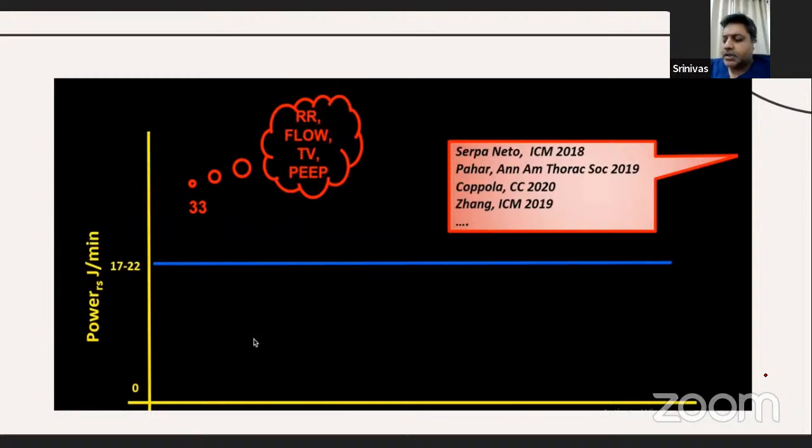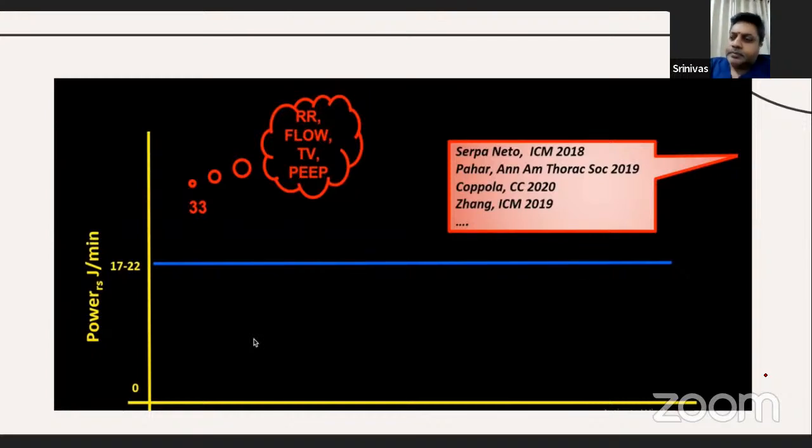But I think the game changer in the way we actually do personalized ventilator settings has been the recognition of driving pressure as an important player in the whole process. That has made it a very simple tool to decide when to prone patients, when to put them on ECMO. We have a definite number beyond which we don't try any more ventilatory strategies. We go for extracorporeal techniques.